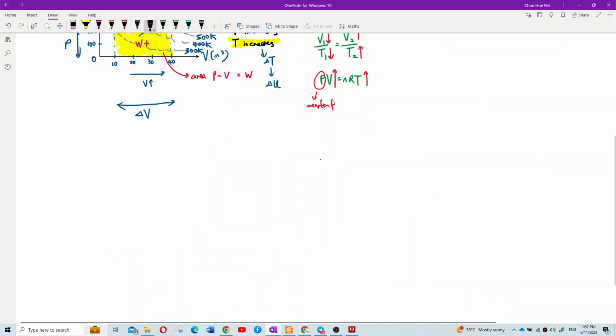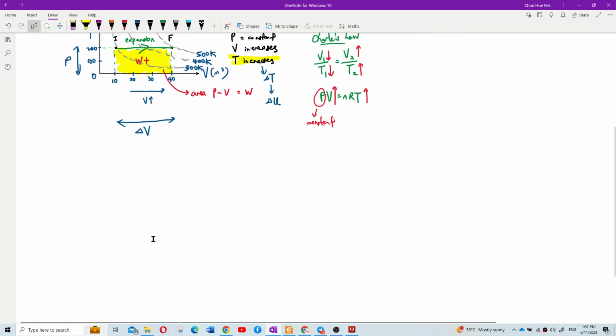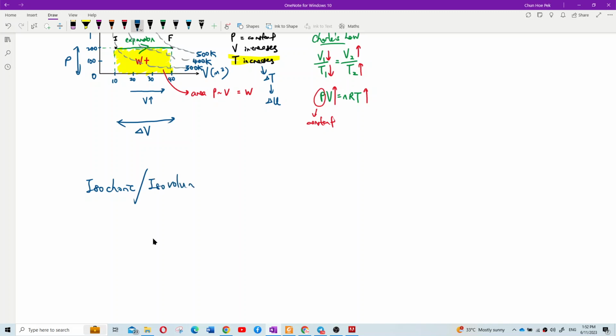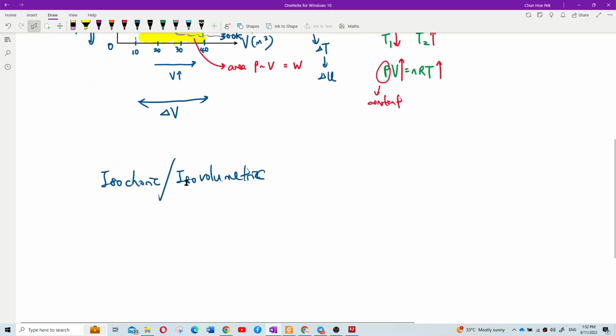Isocoric is the same as isovolumetric process. As the word suggests, isovolumetric or isocoric. Isovolumetric means what, class?